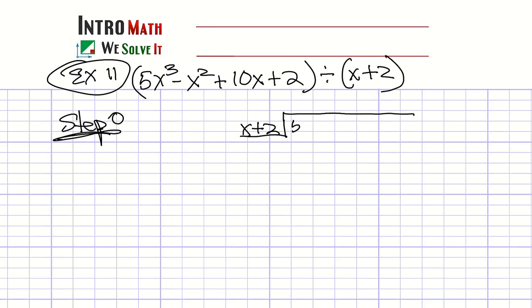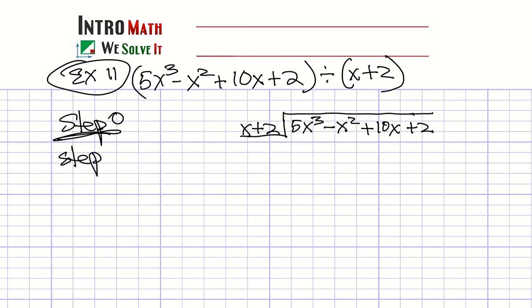And then you put 5x like that minus x squared plus 10x plus 2 like that. You see it, right? So I got it right. That's how you're supposed to do it. Alright, and then we're done with step 0.